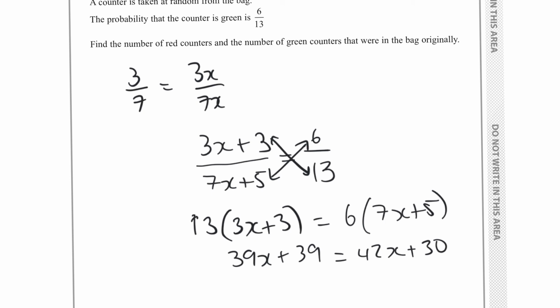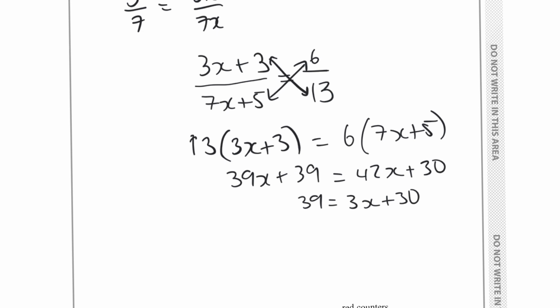Then we are going to collect the x's together, collect the numbers together. So if we take away 39x from both sides, we'll end up with 39 is equal to 3x plus 30. Then take away 30 from both sides, and that would leave you with 9 is equal to 3x. Divide by 3, x is equal to 3.